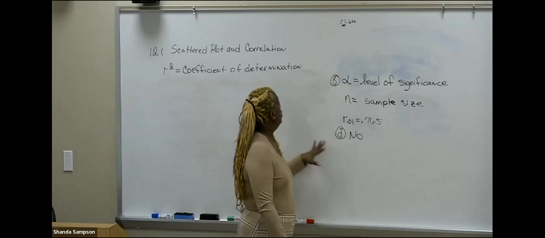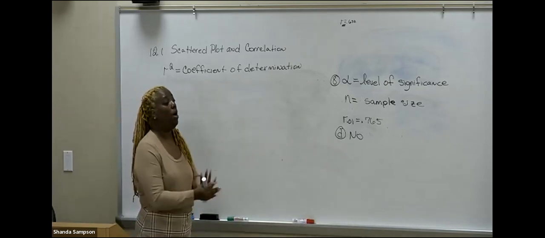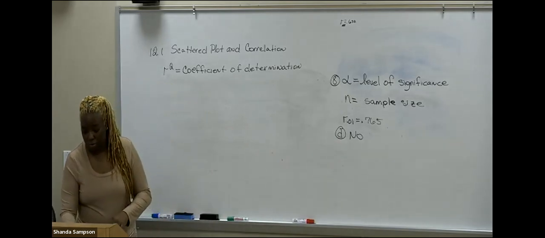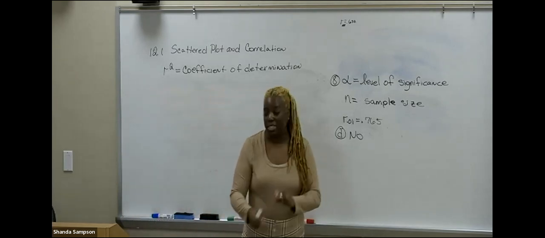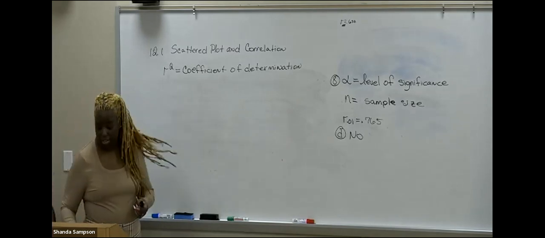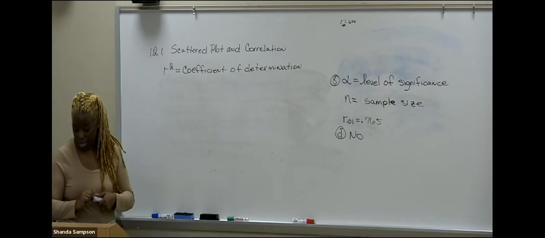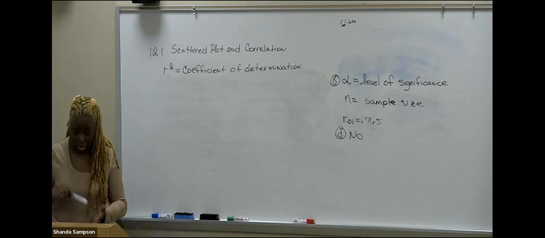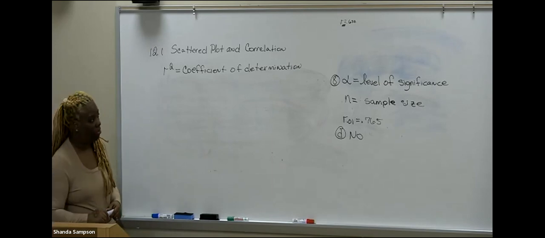So now my coefficient of determination is going to tell me what percentage of the number of bids has to do with the price. What percentage of that? That's what the coefficient of determination tells us. It's a measure of the proportion of variation, that's what the book says, in the response variable that can be associated with the variation in the explanatory variable.